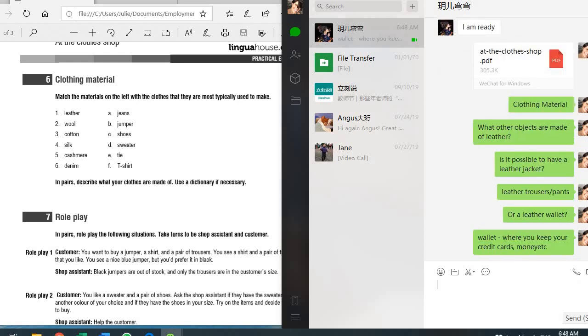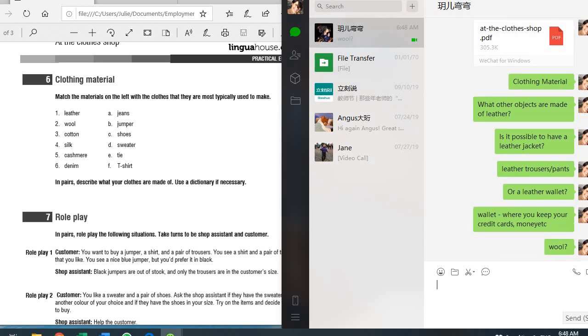So is it possible to have a leather wallet? Right, so it's possible, because sometimes women, but sometimes men as well carry leather wallets. So we can have leather wallets, leather pants, a leather jacket, leather shoes. These are all objects that can be made of leather.